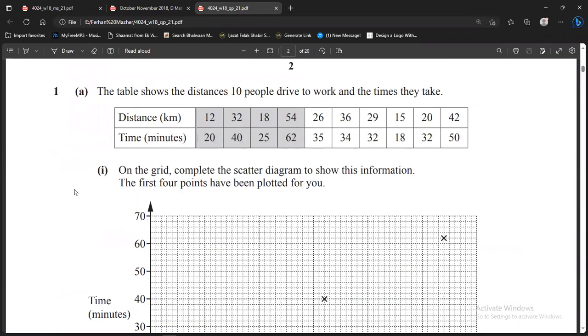Question number 1. The table shows the distances 10 people drive to work and the times they take. Distance is in kilometers, the time is in minutes.